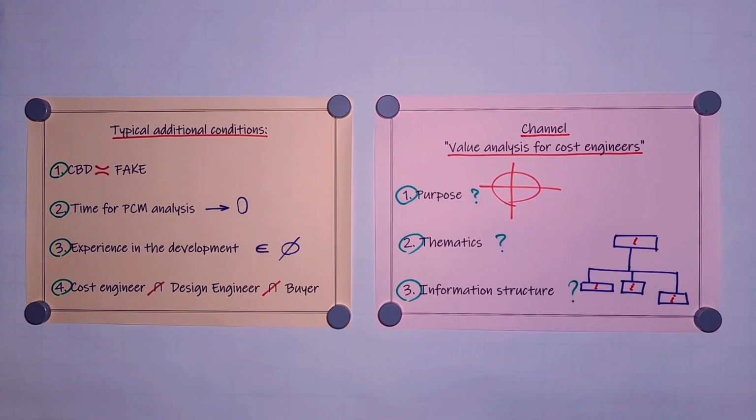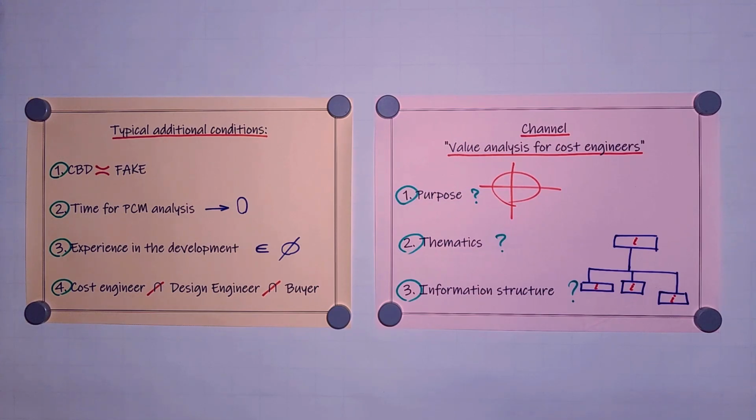In addition to the main issue of cost engineering, formulated above, here is a number of conditions that usually occur in practice. The first, all calculations and cost breakdowns provided by the supplier in addition to the commercial offer are fake. Second, I do not have the time and material resources for the full use of product cost management or PCM software.